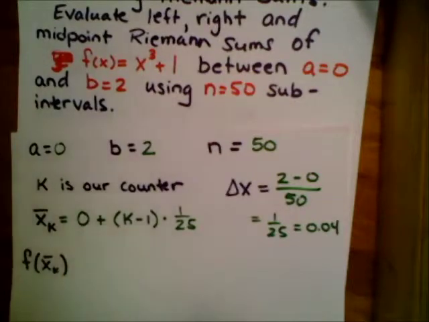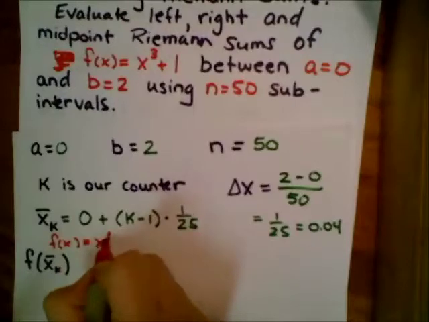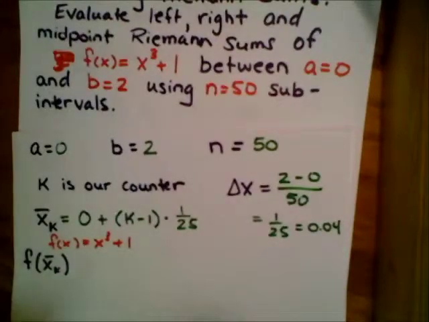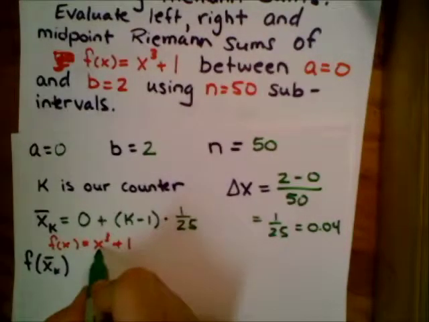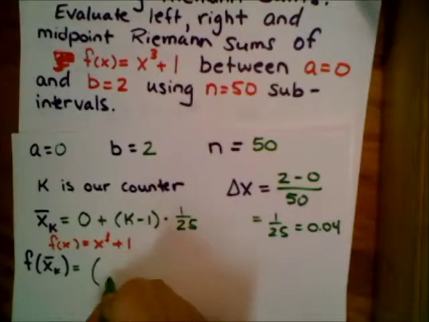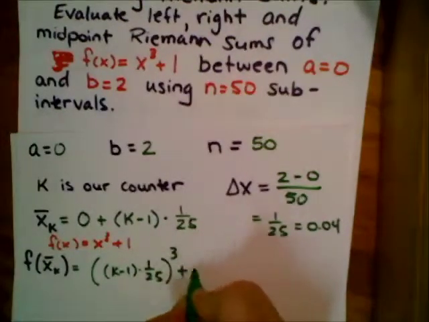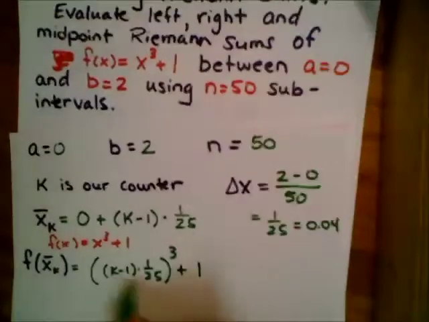And our function, which is off the screen, but our function was x cubed plus 1. So we need to cube x bar and then add 1. So we need x bar, k minus 1 times 1/25, cubed plus 1. Our input cubed plus 1. And of course you can use your decimal there.